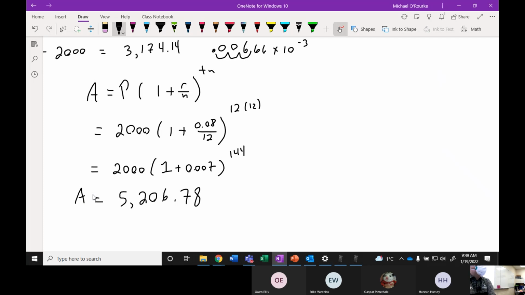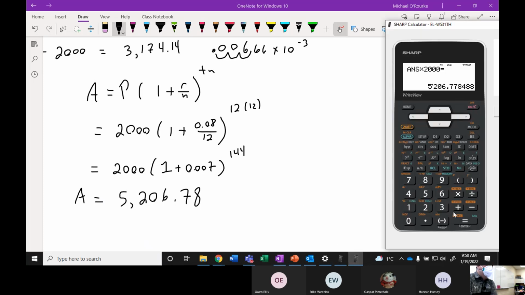Yours might be a little bit different. You just forgot to divide it by 12. Now it should be 0.007 because you round that up, right?